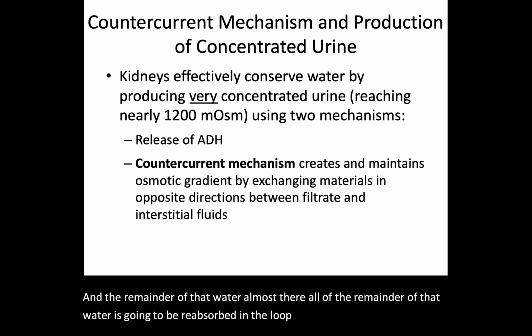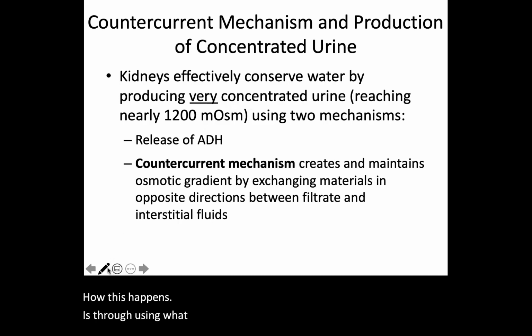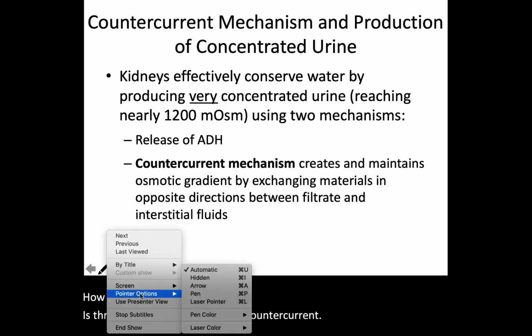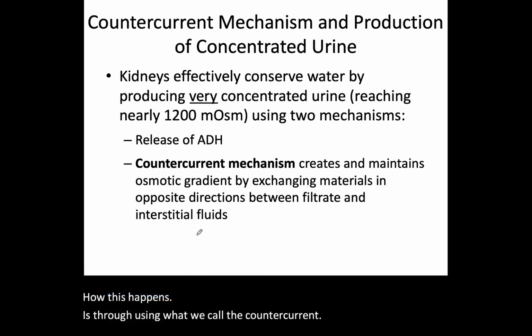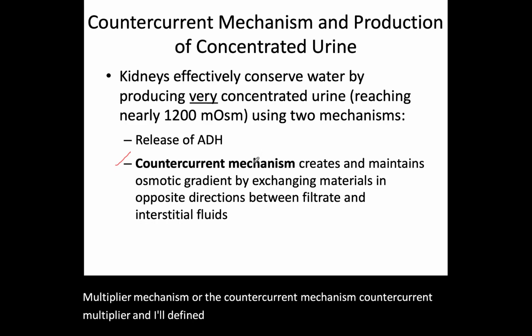And so how this happens is through using what we call the countercurrent multiplier mechanism, right? Or the countercurrent mechanism. Countercurrent multiplier, and I'll define that a little bit more for you here in a little bit.